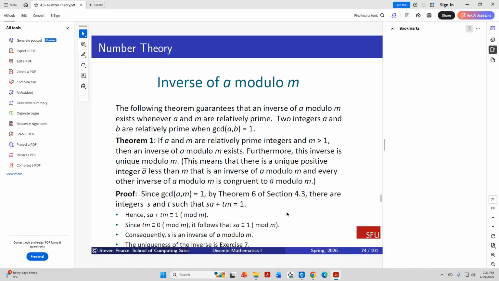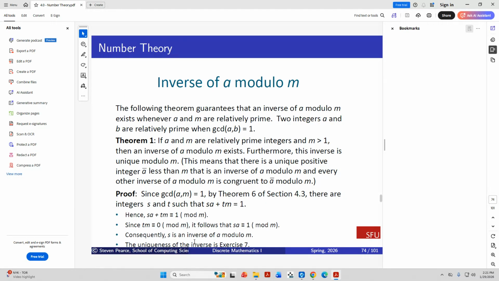So by that theorem, there are integers s and t such that sa plus tm equals 1. Hence, sa plus tm is congruent to 1 modulo m, by definition. Since tm is congruent to 0 mod m, it follows that sa is congruent to 1 mod m.